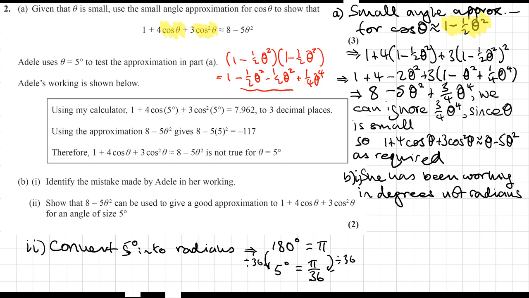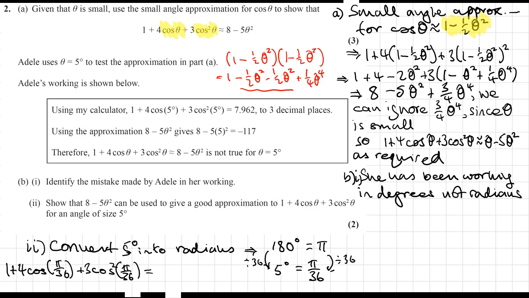Right, so putting it on the left hand side, I'll have 1 plus 4 cos pi over 36 plus 3 cos pi over 36. Now because it's cos squared, let's put a little 2 there. That means once you've worked out cos pi over 36, then you square it.